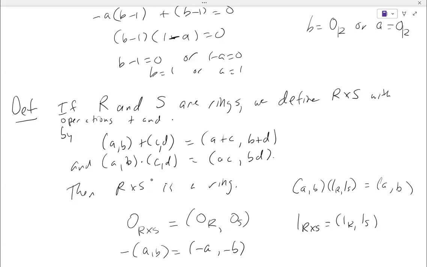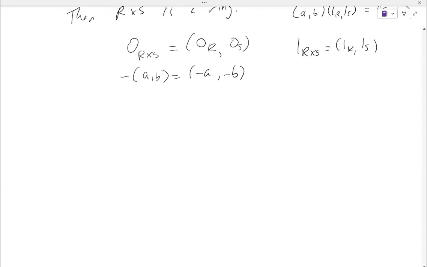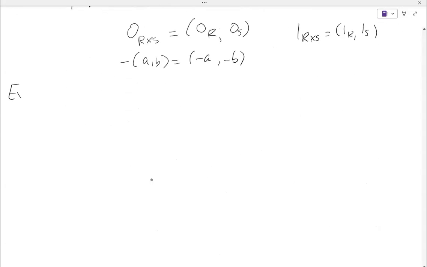So let's do a couple of examples with Cartesian products here. Let's just make one up. Let's say we do Z3 cross Z2.